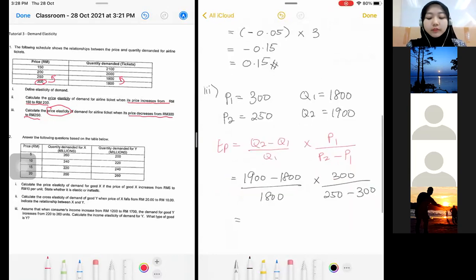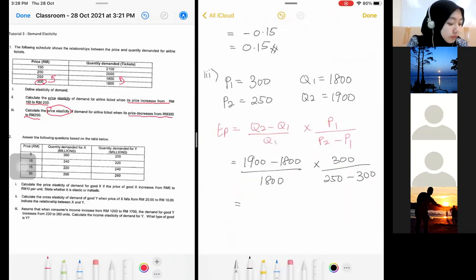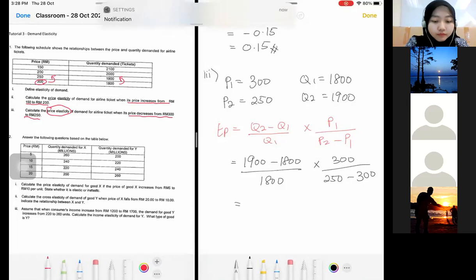Can you give me the final answer? What is the final answer for question number 3?